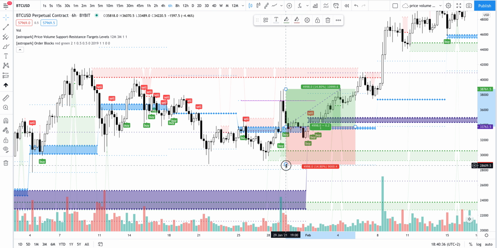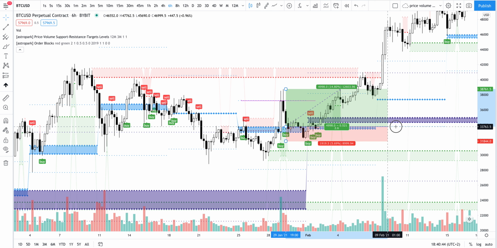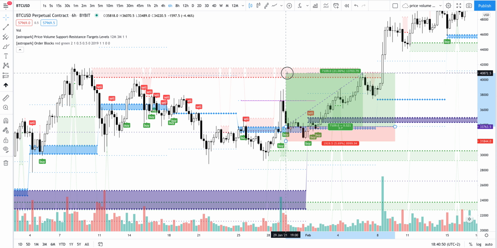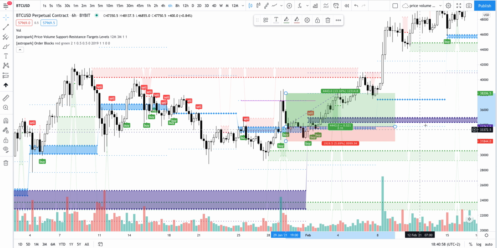So you start longing here. Stop loss below the recent low. So below here. Targeting some highs. This, for example, or this was the first target, so 2.3 hours, which is good.